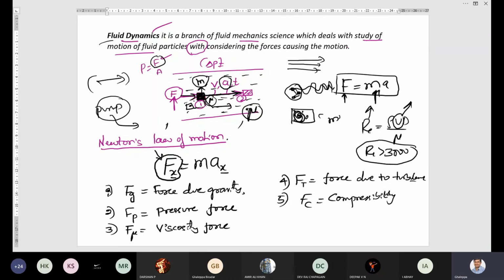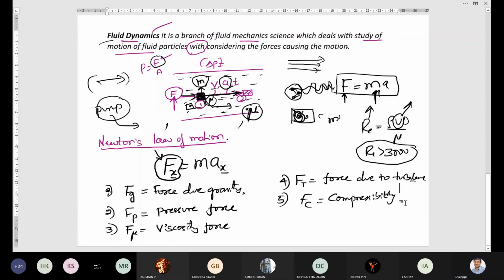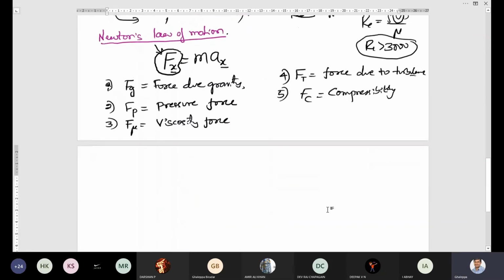If you do not consider the compressibility force, for example, I will write the equation. I will write one more equation, it will become easy for understanding. So I will write now. This Fx, in place of it, I will write Fg, Fp, second force, plus force due to viscosity, plus force due to turbulence, plus force due to compressibility is equal to m into Ax.